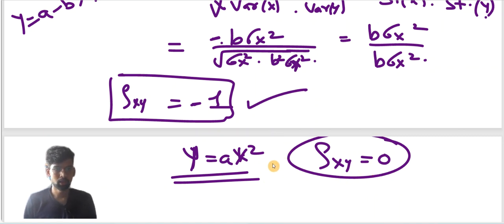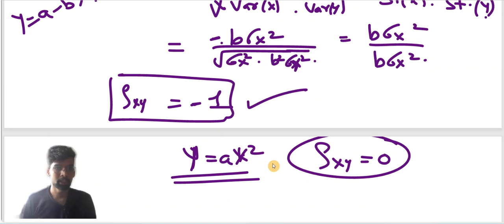So the point I am trying to convey is, if two variables are perfectly linearly associated, then their correlation coefficient will be either +1 or -1 depending upon their slope, meaning either they are moving upward or moving downward. And if two variables are non-linearly related, then talking about this Pearson correlation coefficient will not make any sense.